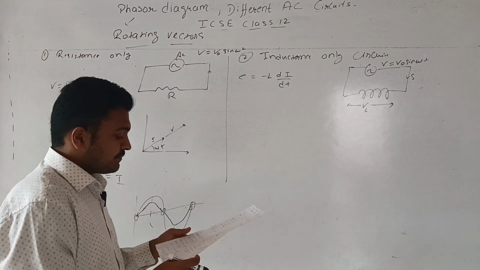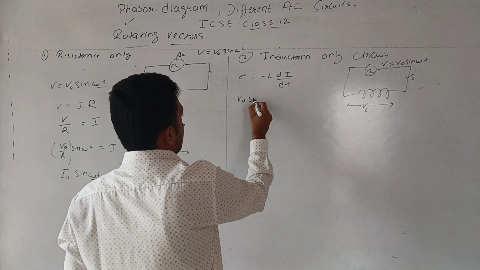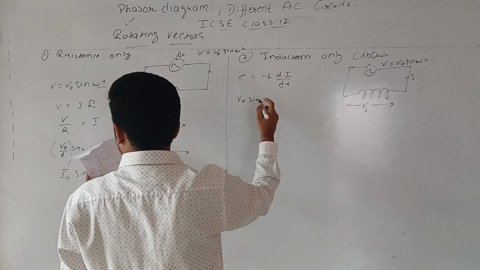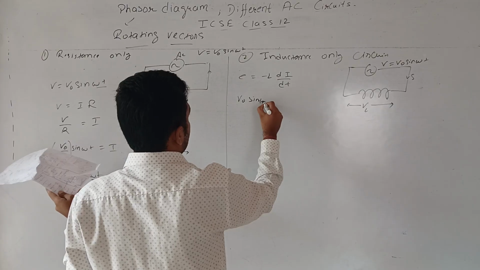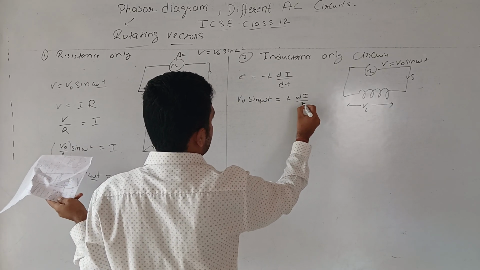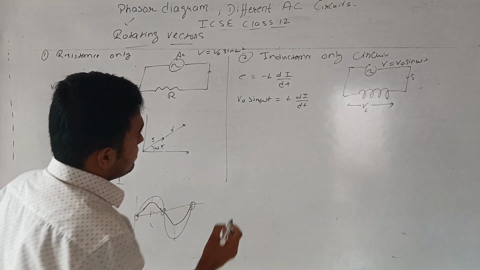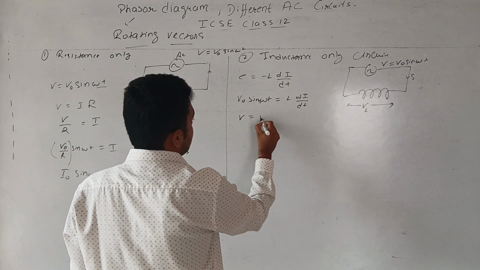So we can say V naught sin omega t is equal to L di by dt, because it is opposing it. Why are we adding this relation? We know V is equal to V naught sin omega t.